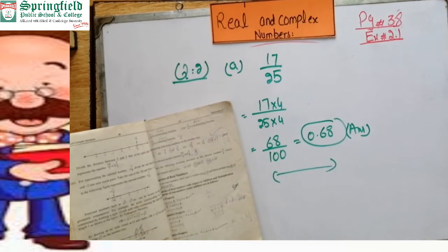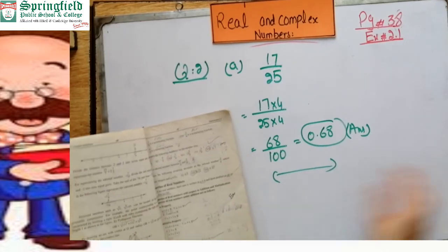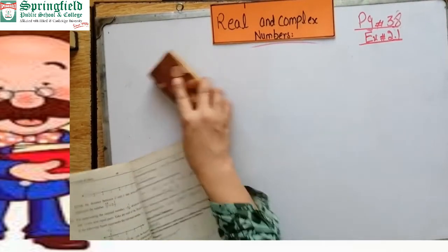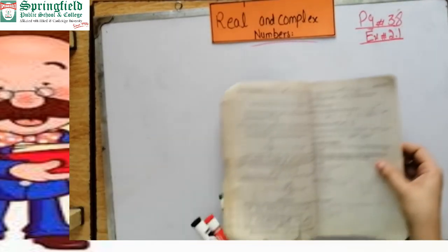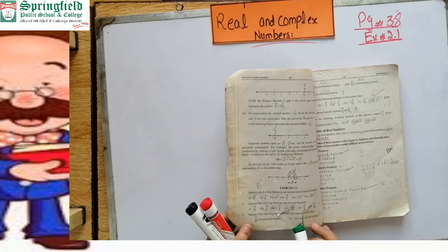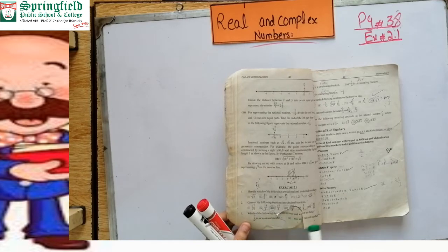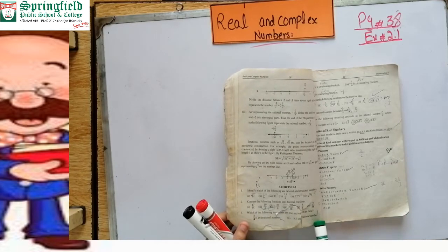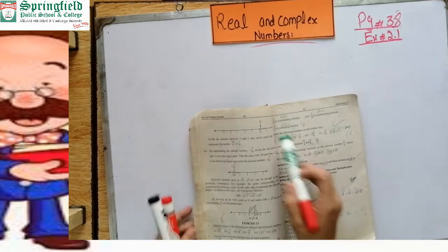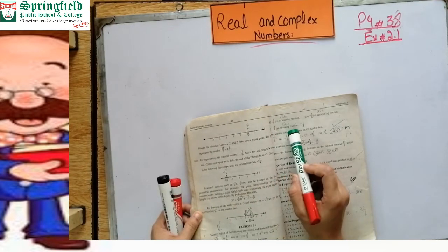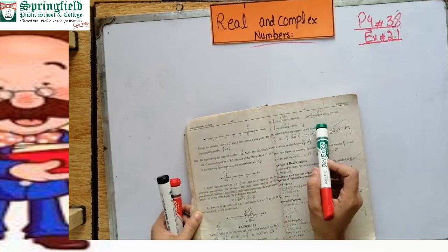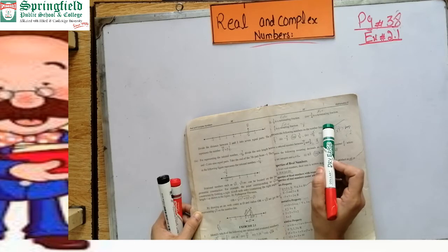Complete all these parts in your notebook. Okay, now come to question number 3. Which of the following statements are true and which are false? 2 by 3 is a rational number. 5 is a rational or irrational number. 1 by 9 is a terminating fraction, yes or no? 3 by 4 is a terminating fraction.